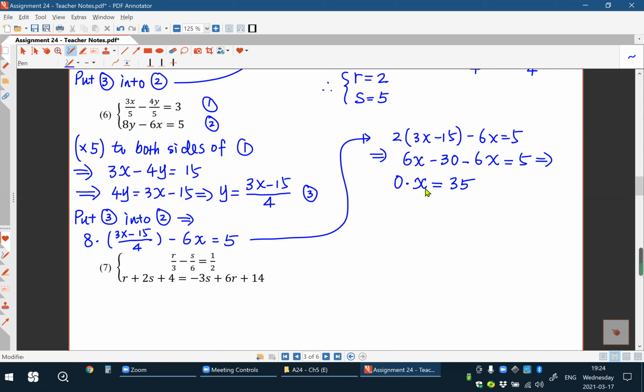Does this number exist? The answer is no, right? So there is no solution for x. No solution for x means there is no solution for y, of course. So you can make the conclusion: no solution.